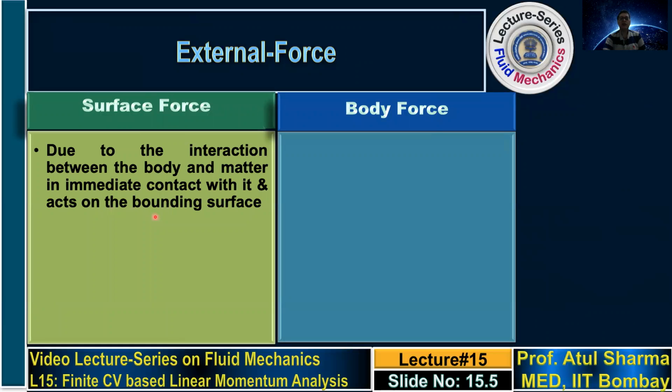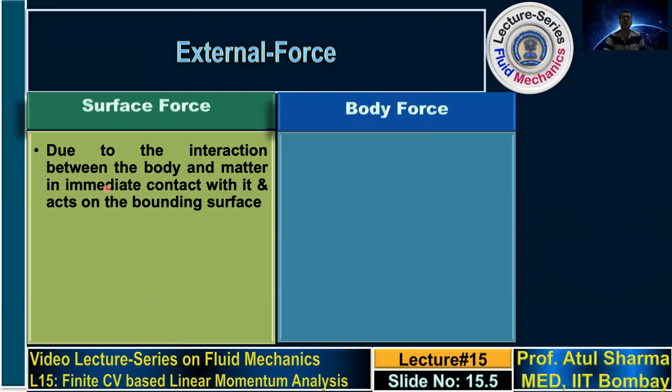the bounding surface. So I will show you later on that whenever we take up flow systems, there are certain forces like pressure and the viscous forces which act on the surface of the fluid body or control volume, and it is surrounded by fluids.